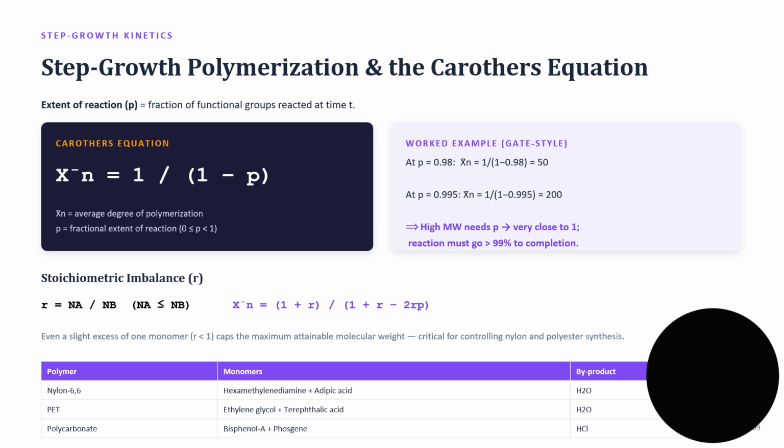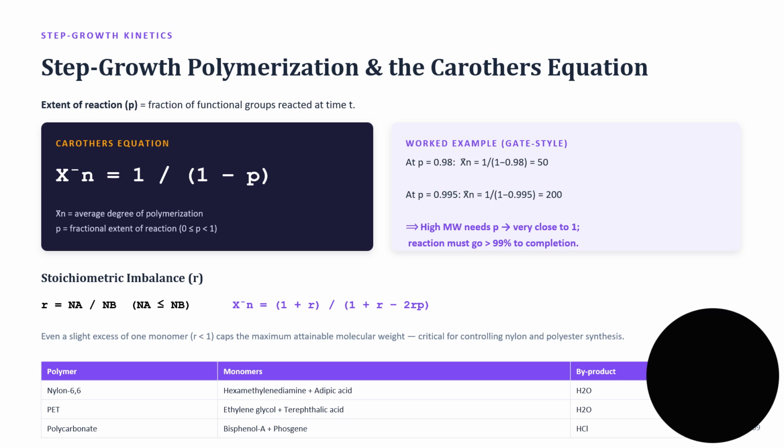This tells us something profound: to get high molecular weight polymer via step growth, the reaction must be driven to extremely high conversion, well above 99%. This is exactly why step growth polymerization requires careful control of reaction times, removal of byproducts like water, and precise stoichiometry.